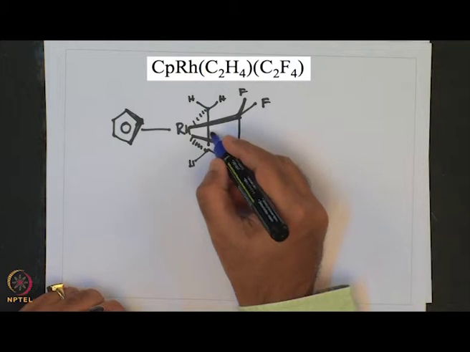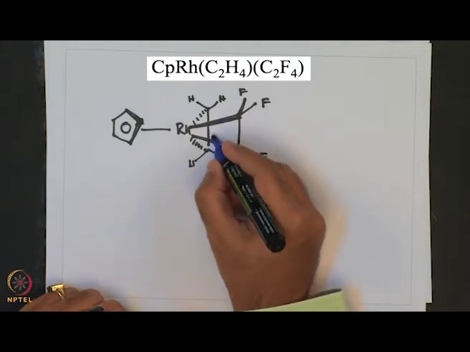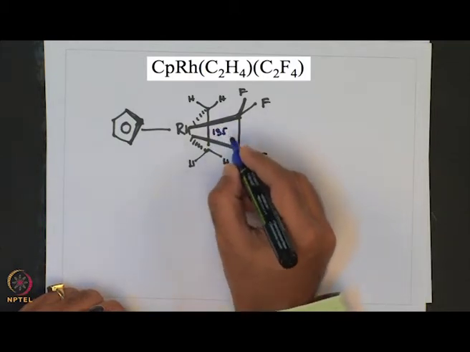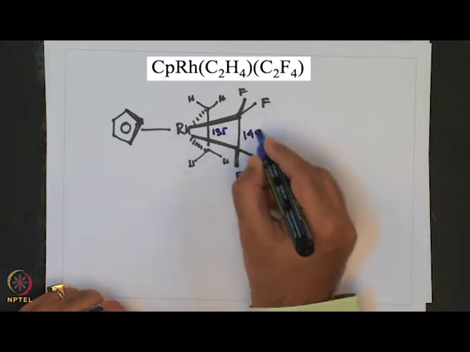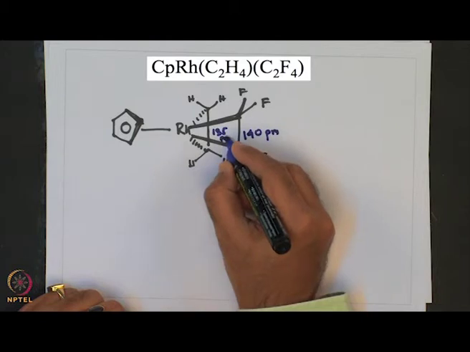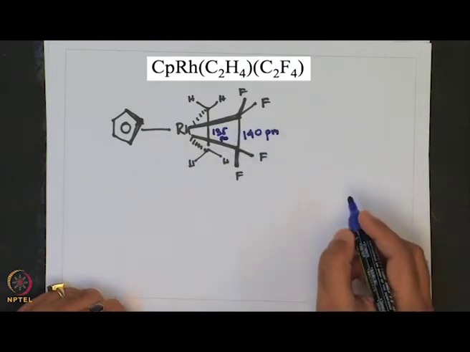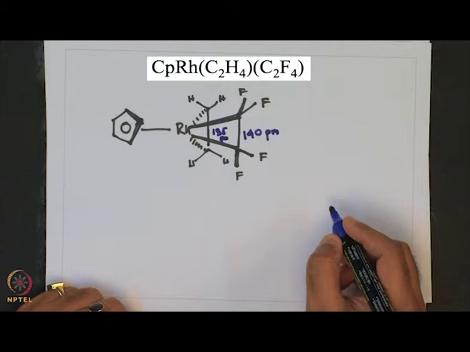So, CC bond between the two hydrogens is 135 picometer, and for the rhodium fluorine one, this is 140 picometer. So, there is elongation that happens in the CC bond.